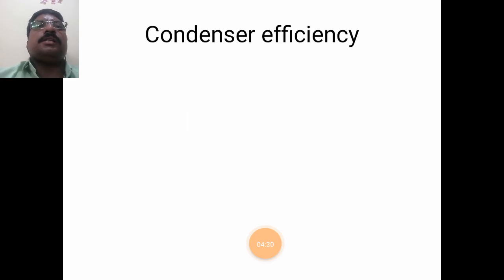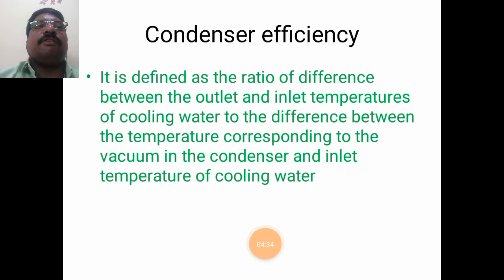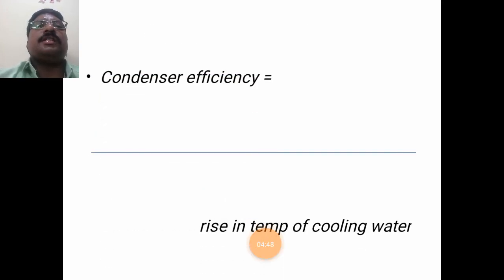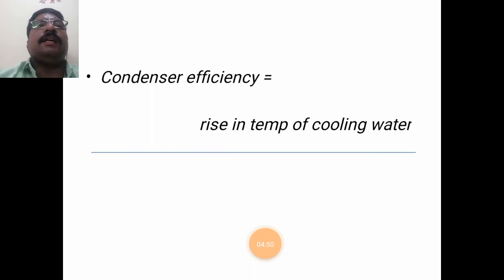Next, condenser efficiency. The condenser efficiency is defined as the ratio between the rise in temperature of the cooling water, that is, the difference between outlet and inlet temperature, to the difference between the temperature corresponding to the vacuum in the condenser and the inlet temperature of the cooling water.